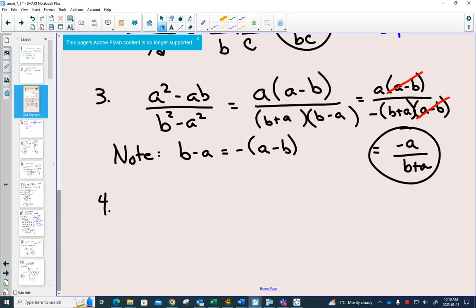Okay? And finally, and this is what's going to probably occur the most often in this unit, is fractions inside fractions with adding and subtracting.